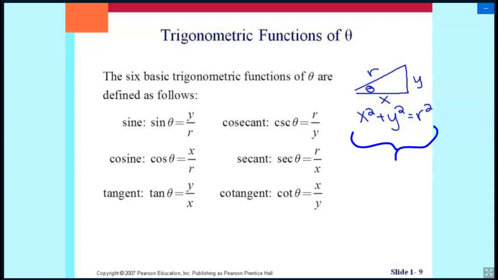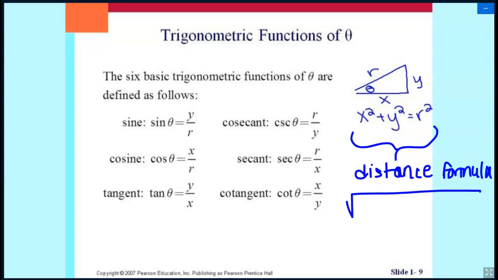Remember, the Pythagorean theorem is just a variation of the distance formula, because the Pythagorean theorem represents the distance from point A on a triangle to point B on a triangle. And basically what you're doing is you're finding r.